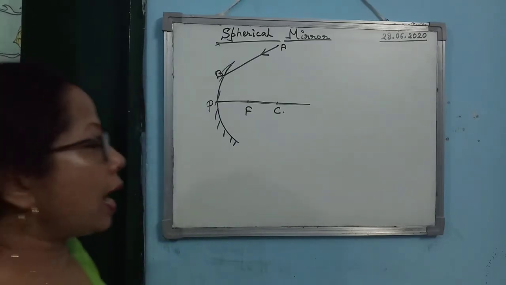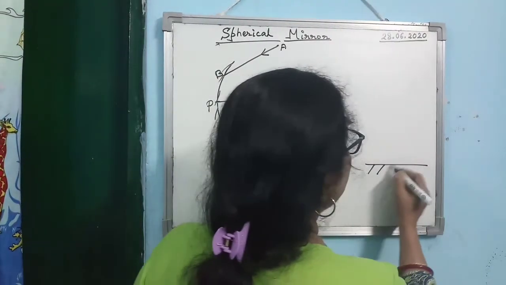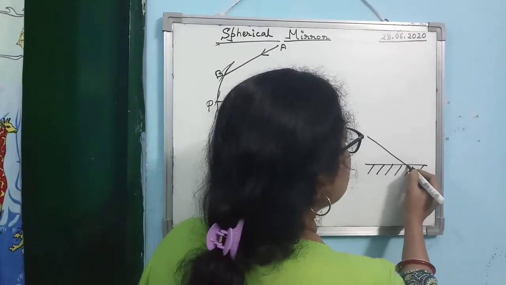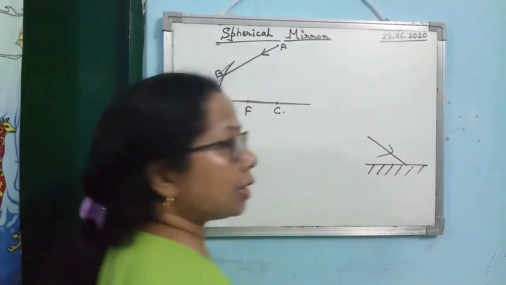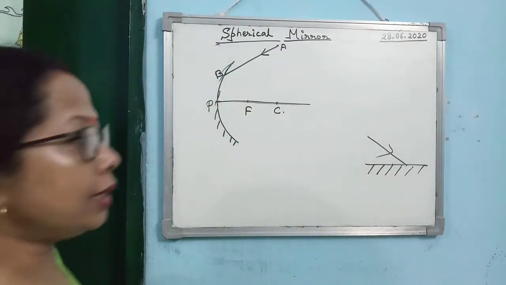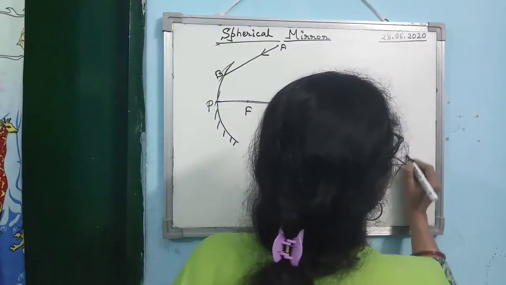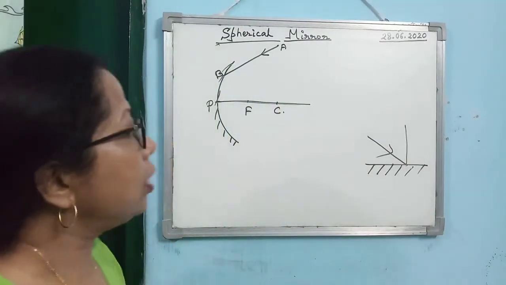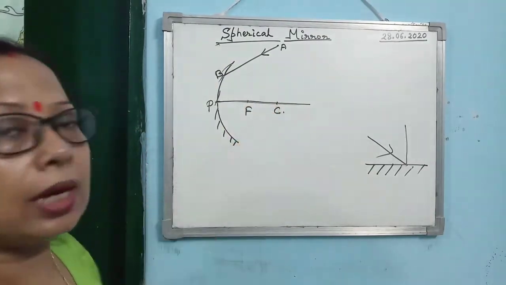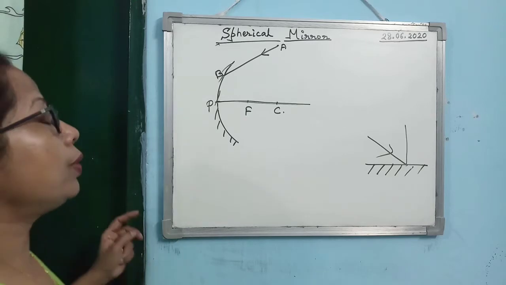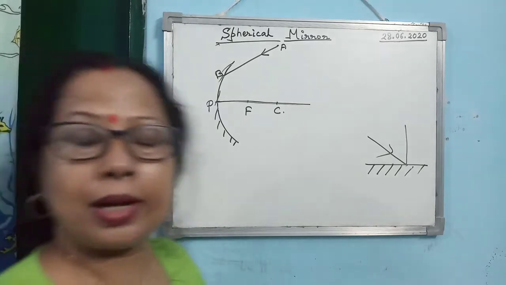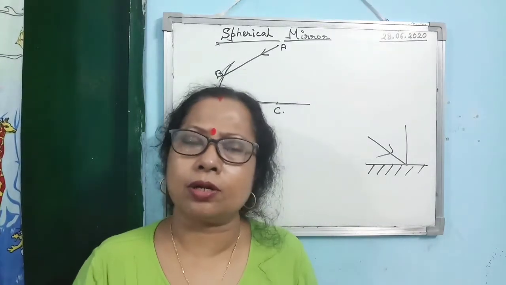You know, in the case of a plane mirror, how do you draw the reflected ray? Suppose this is the incident ray and it is asked that you draw the reflected ray. Then what do you do? You first draw the normal, isn't it? So here also you need to draw the normal. So how do we draw the normal for a spherical mirror? Very, very important concept.